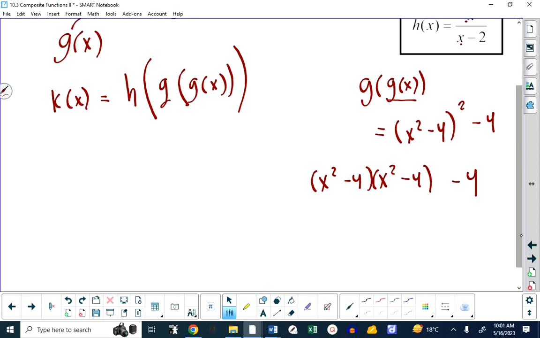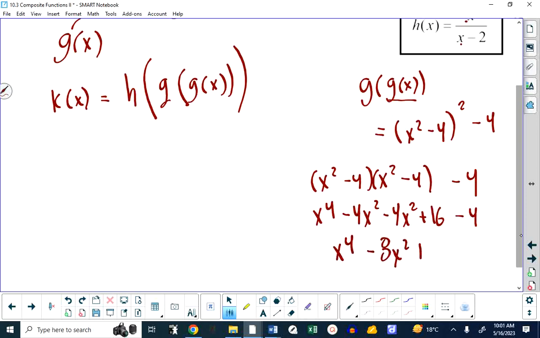We have learned in Math 3-1 about polynomial functions of degrees higher than 2. You should be able to handle this. Foiling this out, I get x to the 4 minus 4x squared minus 4x squared plus 16 minus 4, which is giving me x to the 4 minus 8x squared plus 12. That is g of x.